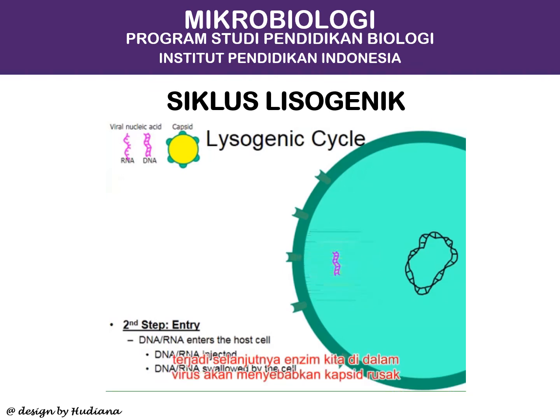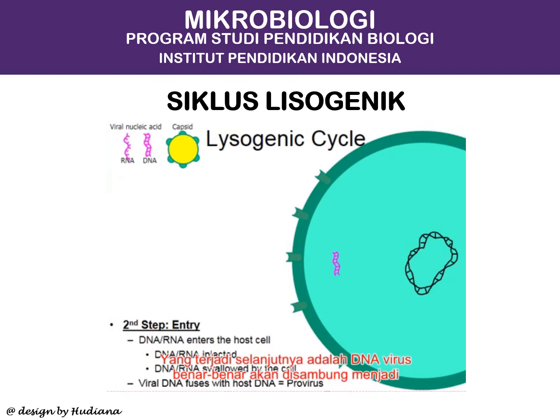What happens next is that enzymes inside the virus will cause the capsid to break down. This releases the nucleic acid into the cytoplasm of the host. Then viral DNA will be spliced into and combine with the DNA of the host cell. So watch this.